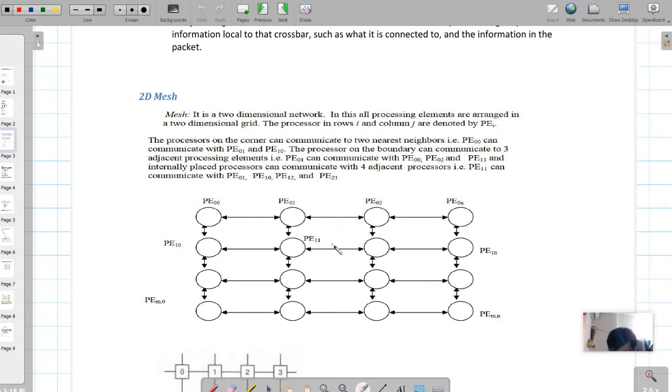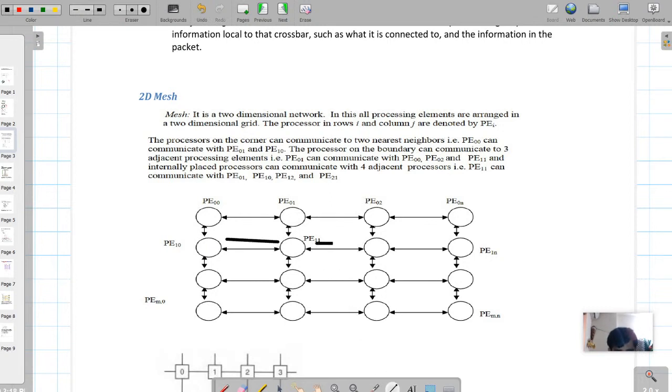Its adjacent left and right processors are PE10 and PE12, and adjacent upper and lower processors are PE01 and PE21 respectively. They can directly communicate with these four processors.